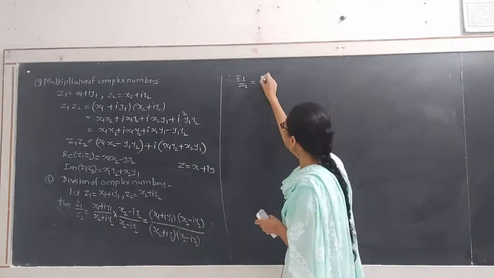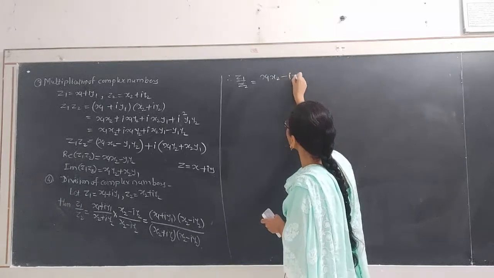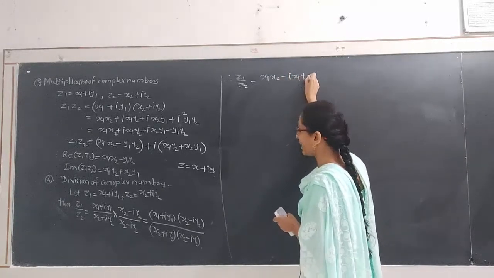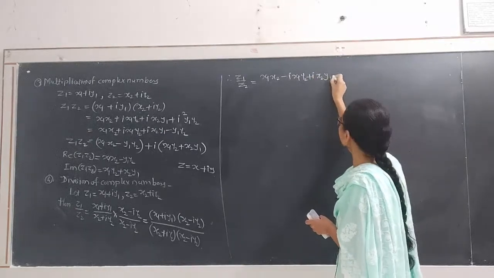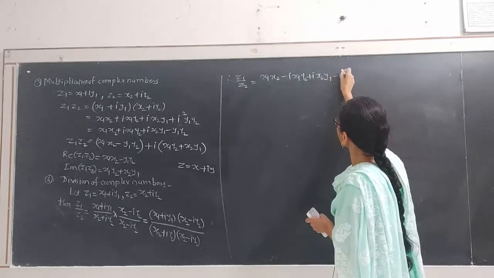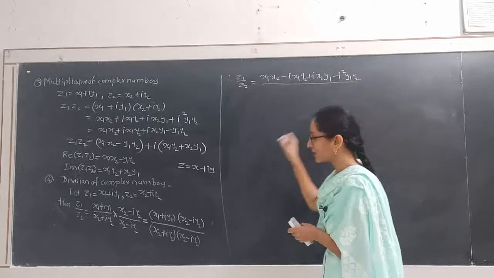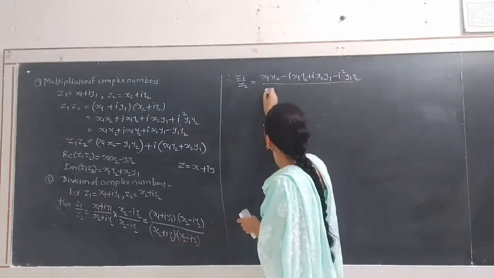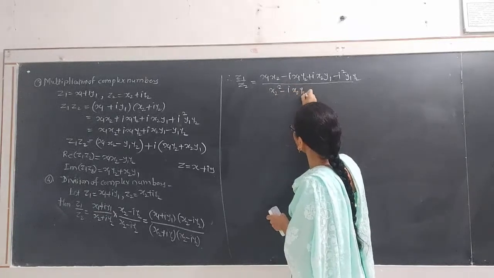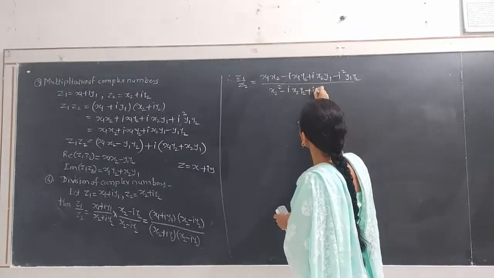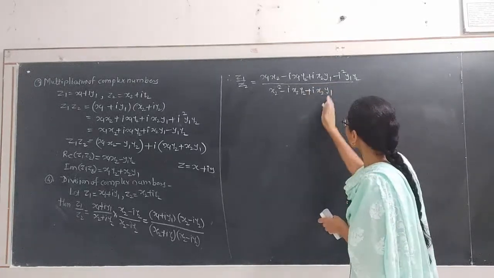This multiplication will be x1 into x2 minus i x1 into y2 plus i x2 into y1 minus i square into y1 y2, divided by the product of the denominator complex numbers, which is x2 square minus i x2 y2 plus i x2 y2.